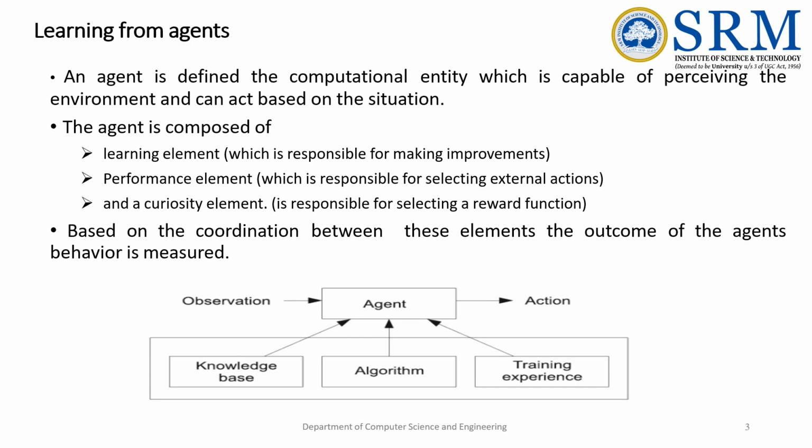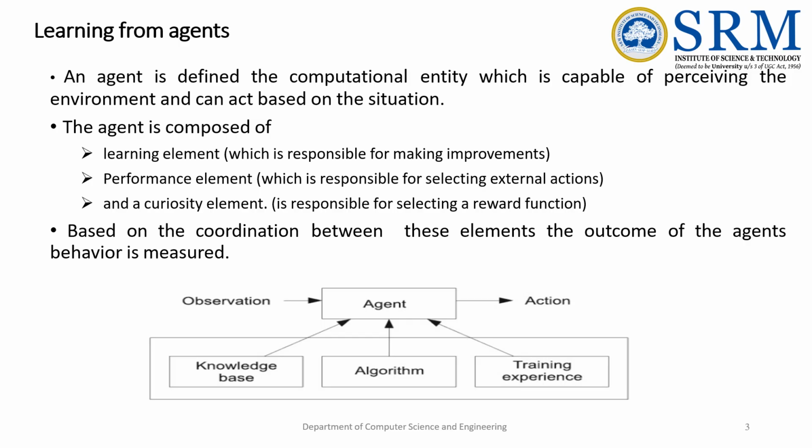Going to the advantages of learning from agents: it allows continuous improvement, as performance can be improved with experience. That is why navigation apps become better nowadays for traffic situations, whenever we are going in a car, auto, or any vehicle. Adaptability is easier, as the agent can adjust to a changing environment; a robot adapts to a new factory layout.